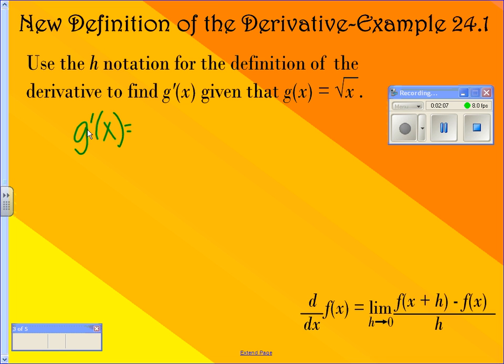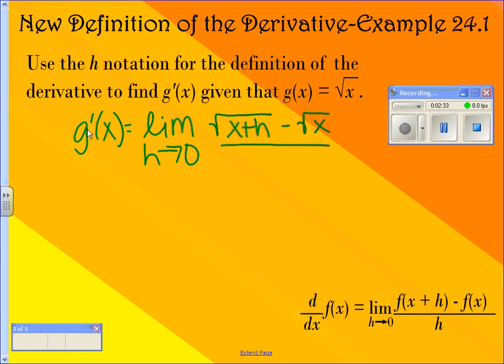What are we going to do to figure that out? The limit as h goes to 0. Do you agree?